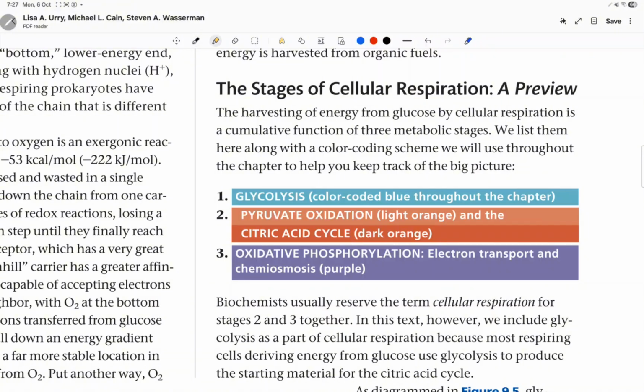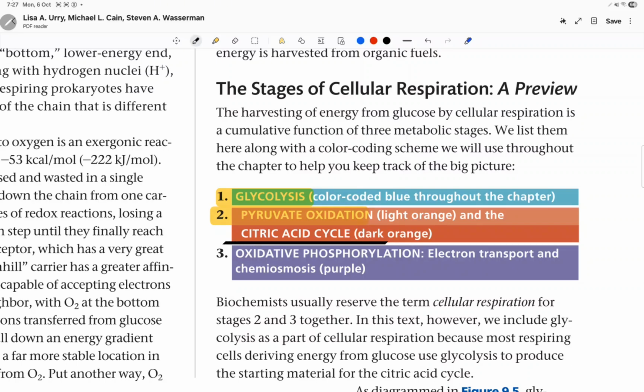Now, glycolysis. It basically breaks glucose down. Then pyruvate oxidation, which basically means breaking down pyruvate, followed by the Krebs cycle, which can also be called the citric acid cycle.